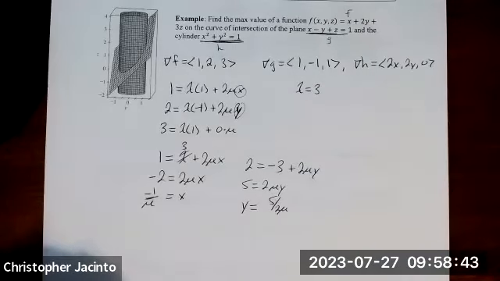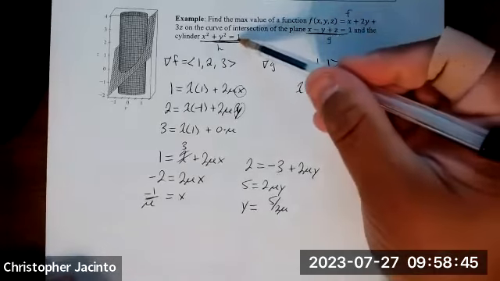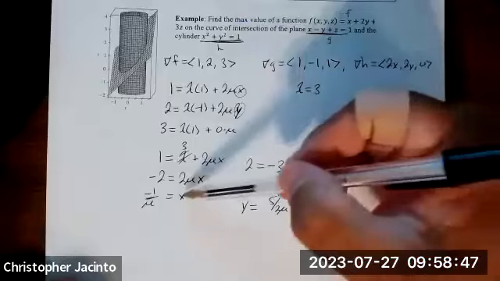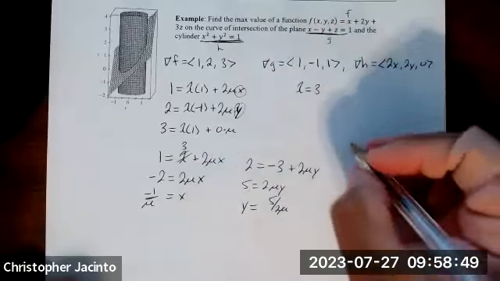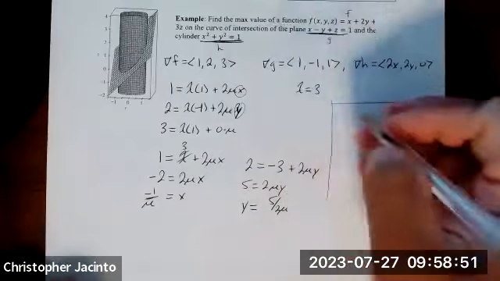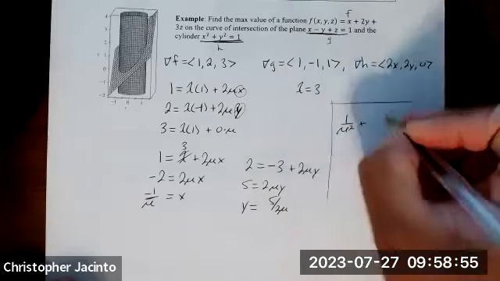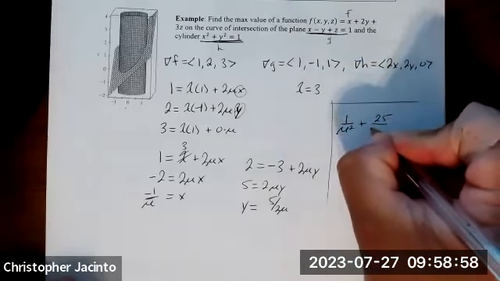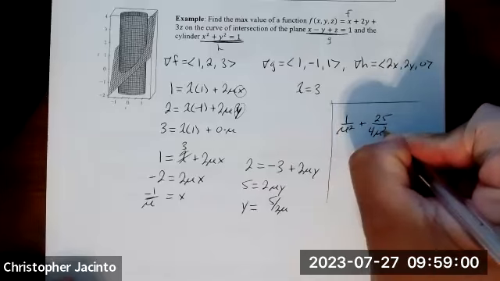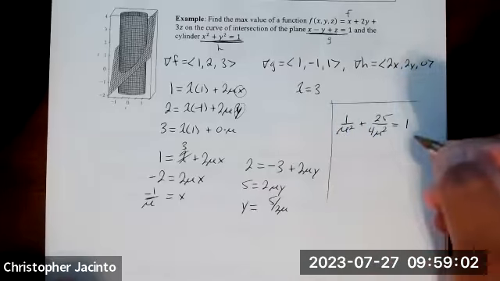Okay. So now we're going to plug it into one of our constraints. Plug it into this one here. So plug in x and y to here. We get 1 over mu squared plus 25 over 4 mu squared equals 1.